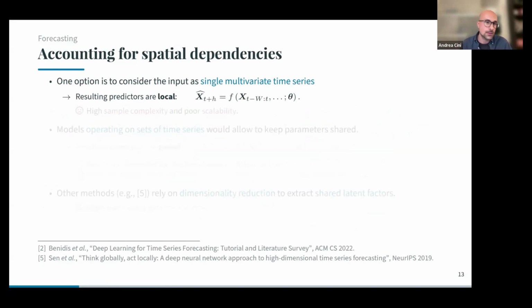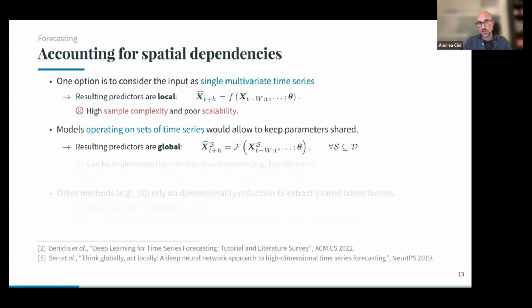The naive option, the straightforward thing to do, would be to consider the input collection of time series as a single very large multivariate time series, but this clearly suffers from the curse of dimensionality, so it results in high sample complexity and poor computational scalability.